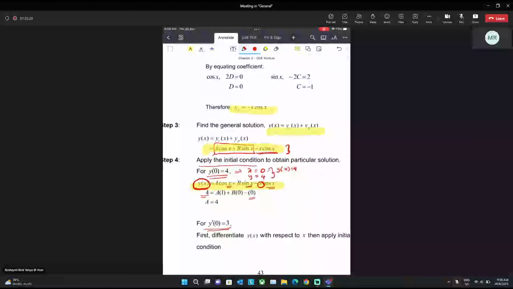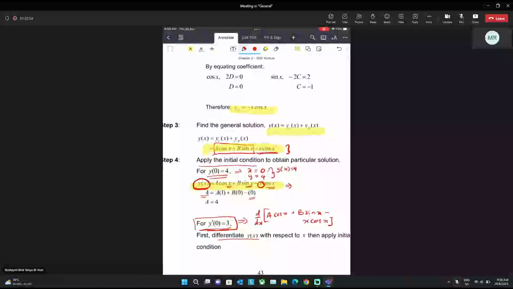And then y prime. So for this you need to differentiate y(x). So differentiate this one. Okay. So you need to differentiate a cos x plus b sin x minus x cos x.